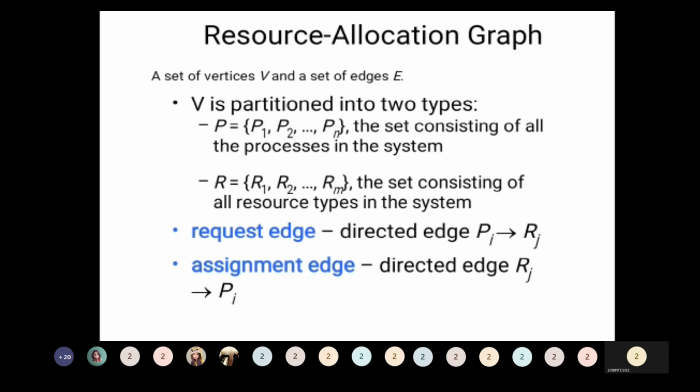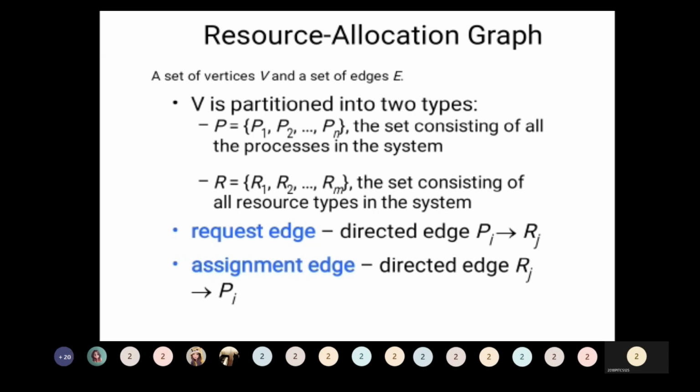Assignment edge. This is directed from resource to process. That is, resource Rj is assigned to process Pi. That is what we call an assignment edge.